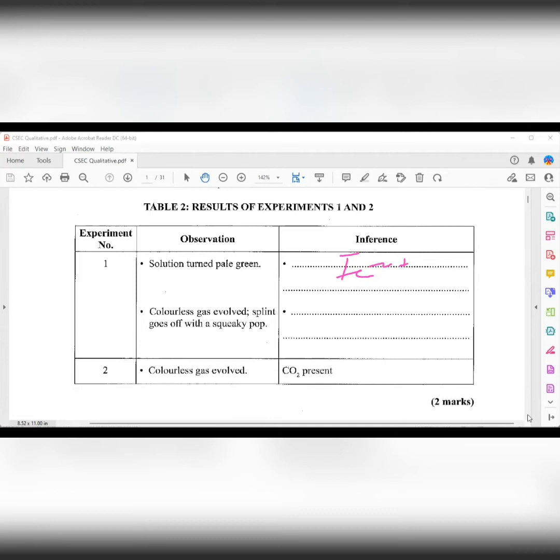Then it says a colorless gas evolves, splint goes off with a squeaky pop, which is an explosion. That tells you that hydrogen is being produced, right? Then for the third one, it says a colorless gas evolved. It's CO2 present. Of course, we could test for that, but they already gave that inference, so we don't need to do that. So that's what you would need to do for that table to get your marks.